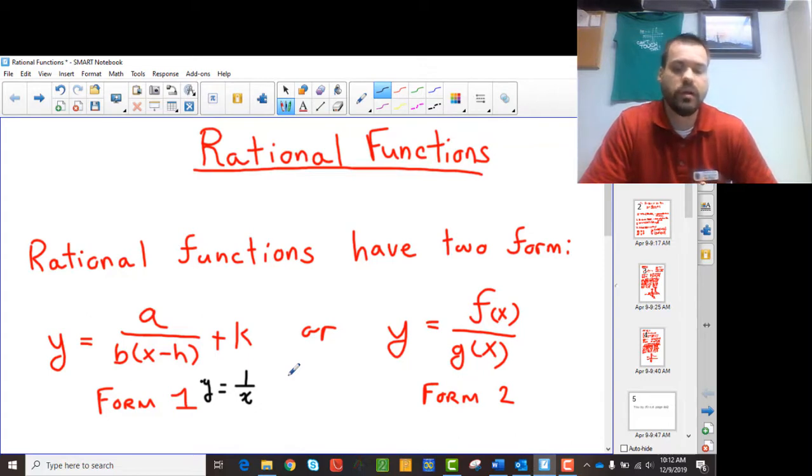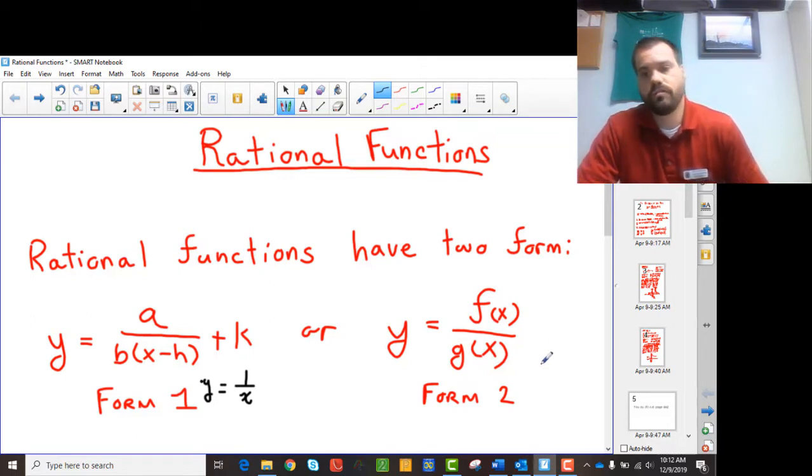It's the smallest version of a rational function, and then we move that around using vertical and horizontal translations and vertical and horizontal shifts. The other form is where you have a polynomial function over a polynomial function. So you might have, just as an example, y is equal to x squared minus 5 over 3x minus 2.